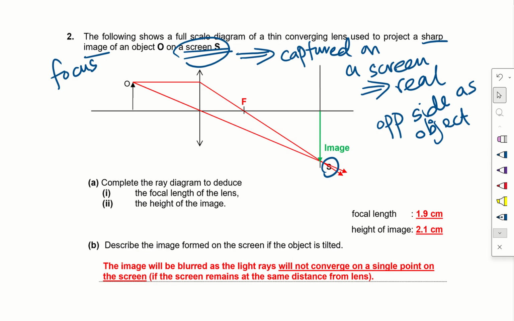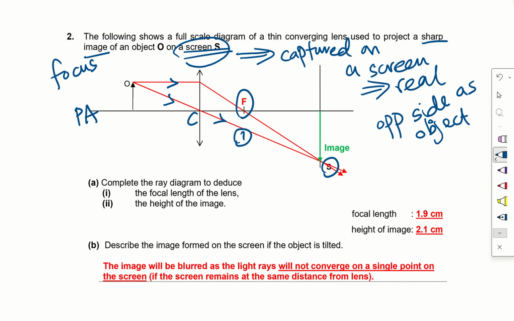So the first one that we can draw is ray number 1, my favorite, which is it passes through the optical center without bending. So make sure you know this, okay, and add in your arrows. The second one is you draw a light ray that is parallel to the principal axis, and then it goes to cut F. But where is F? We don't know, right?